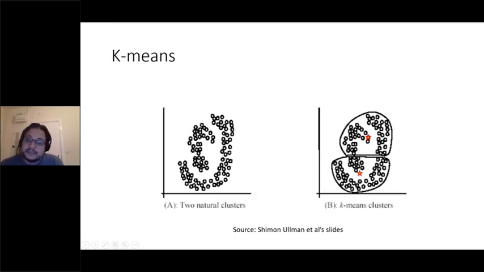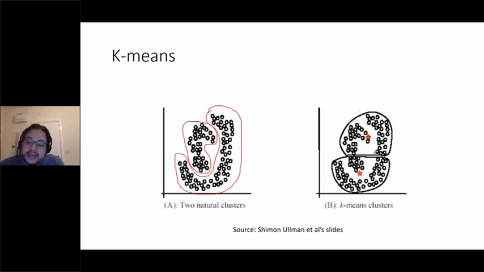But we might need something different, like this one. Maybe we want this type of clustering, and k-means will never be able to do that.